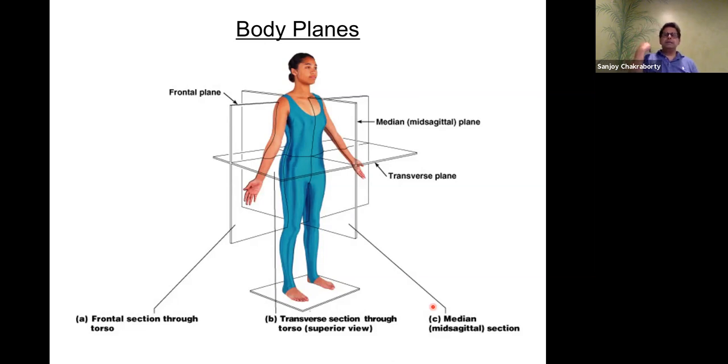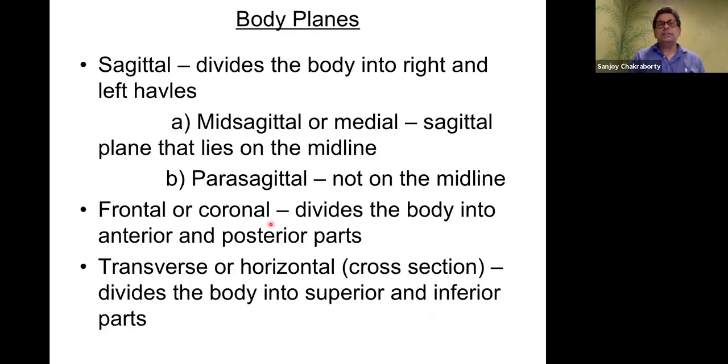So we can create lots of unequal divisions, and we call that parasagittal. So the sagittal plane basically divides the body into right and left. If I go only in the middle, that is the one mid-sagittal plane, and the remaining ones not on the midline, which could be anywhere, are called parasagittal. So the sagittal plane divides your body into left and right sides.